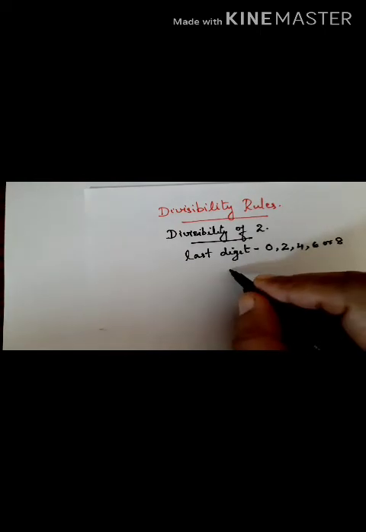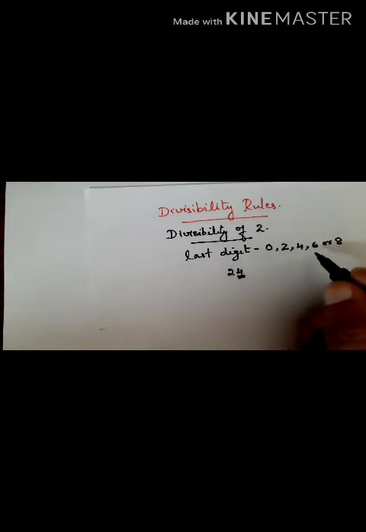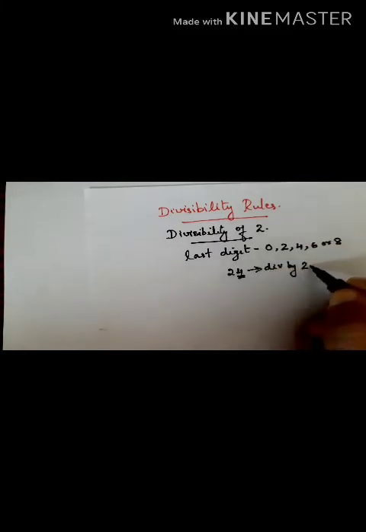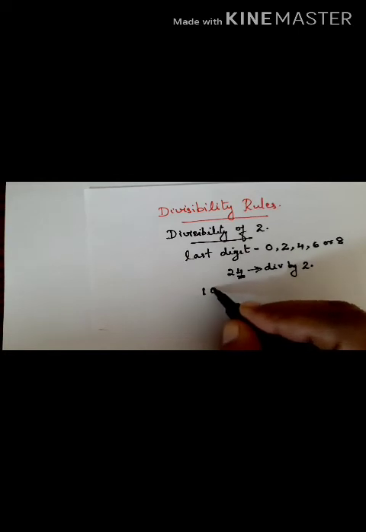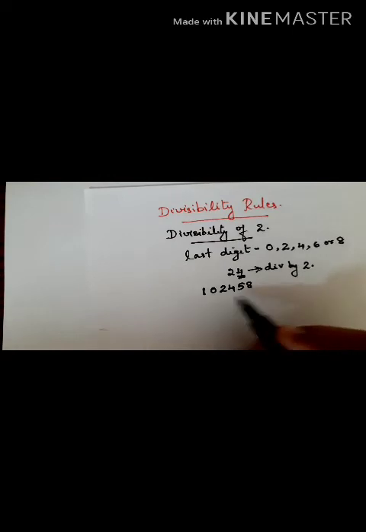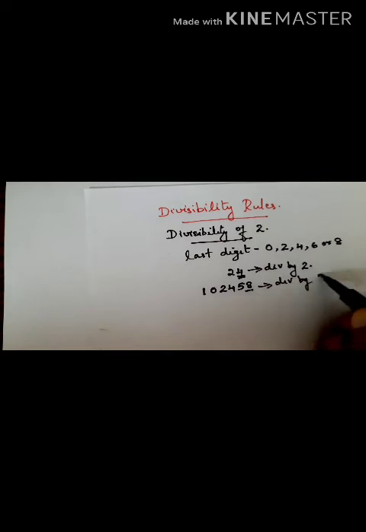For example, 24. Here 4 is the last number, so it is divisible by 2. Now see another, 10,458. So it's a big number, but looking at the last digit, it's 8, isn't it? So you can say that it is divisible by 2.